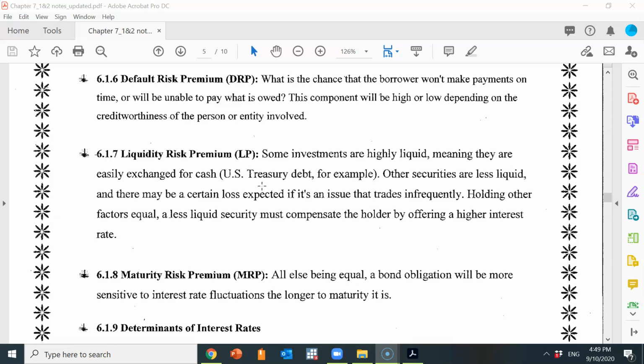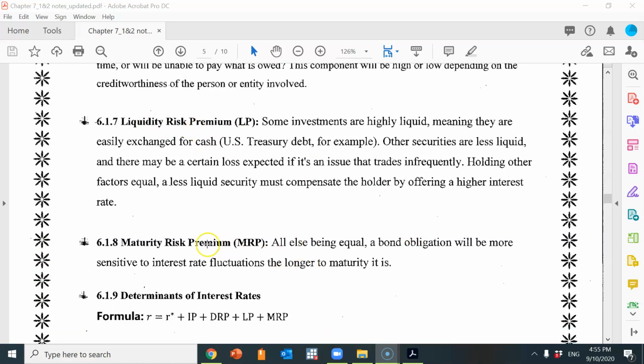So such bonds have a higher liquidity risk because they're illiquid. So we require a higher interest rate because of the risk we're bearing here. So we should add a liquidity risk premium when we calculate interest rates for such bonds with higher liquidity risk. So that's about liquidity risk premium.